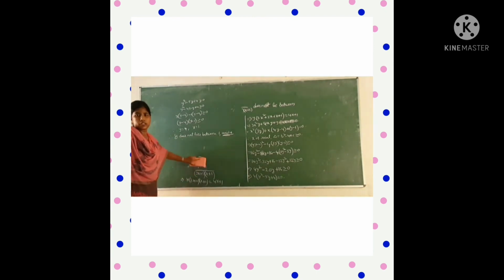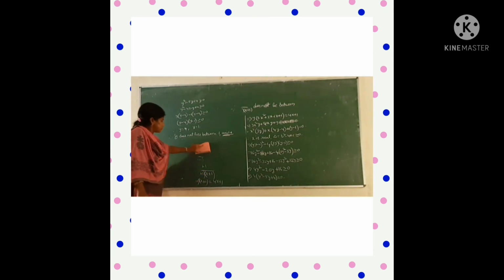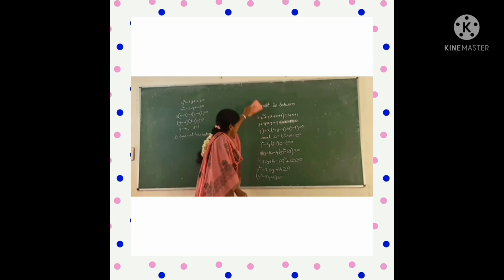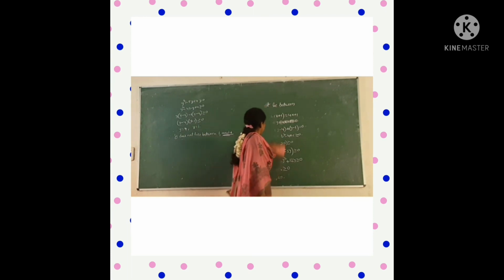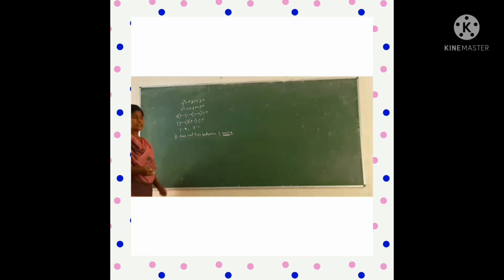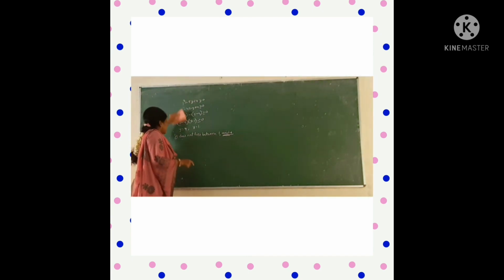In this chapter, the last topic is quadratic inequations. What is that? Inequations means, see, a general equation means that the left side and right side are equal.